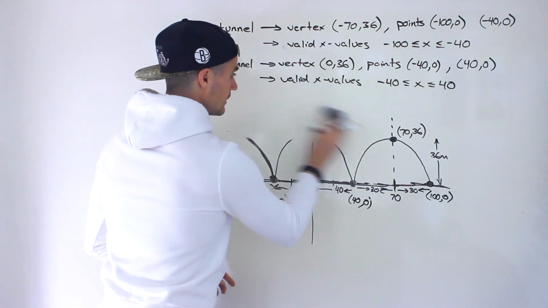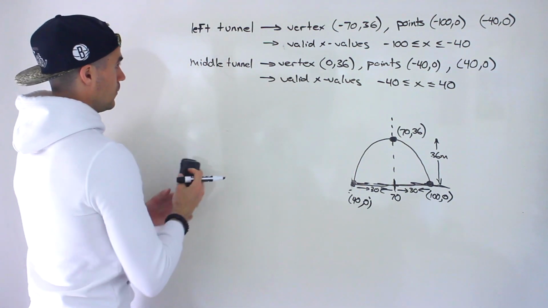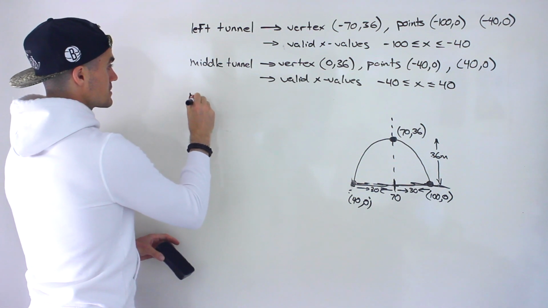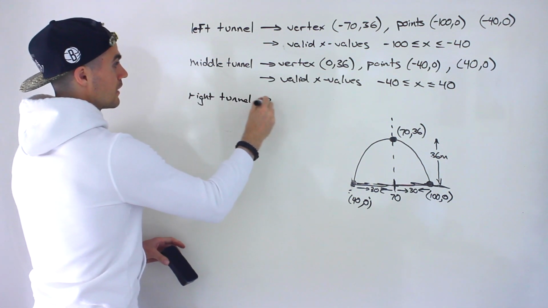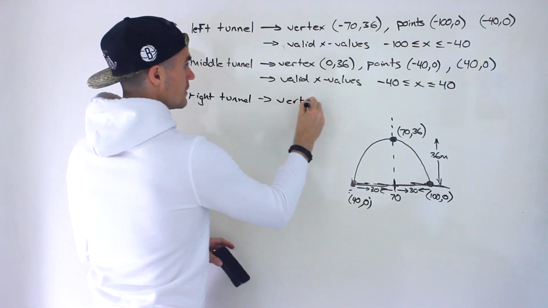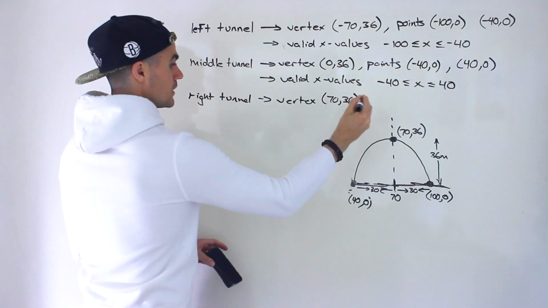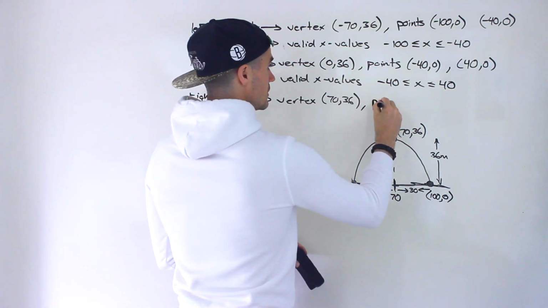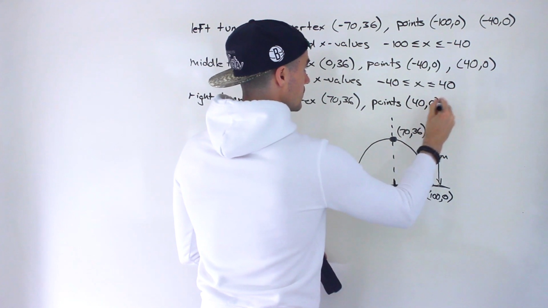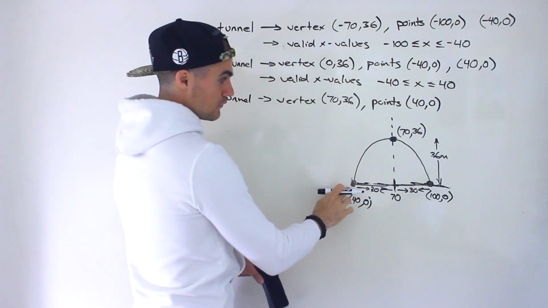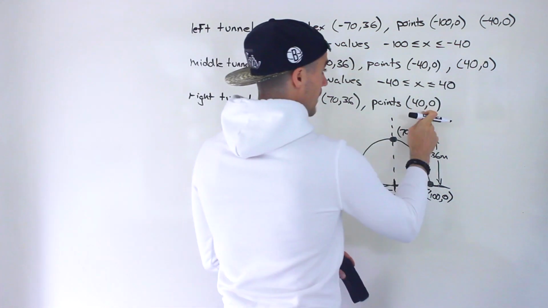And then finally, the right tunnel. What are the characteristics of it? Well, we got a vertex at 70 and 36. We got points +40 and 0. Notice the same as over here. The beginning of the right tunnel represents the end of the middle tunnel, so they share that point.